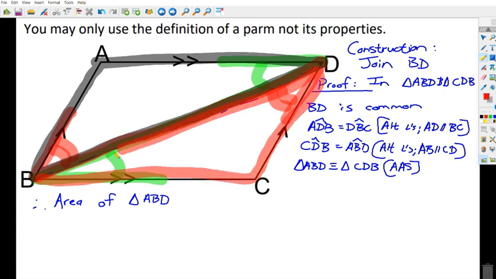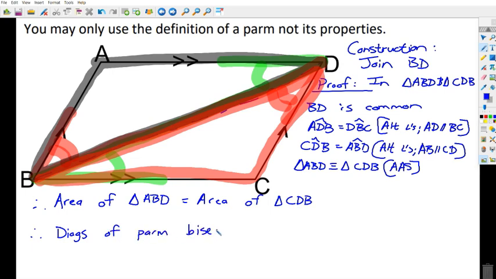So the area of triangle ABD is equal to the area of triangle CDB. Therefore, what do I know about the diagonals of a parallelogram? Therefore, diagonals of a parallelogram bisect the area.